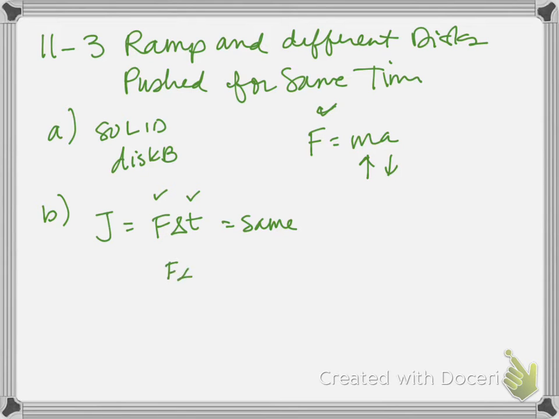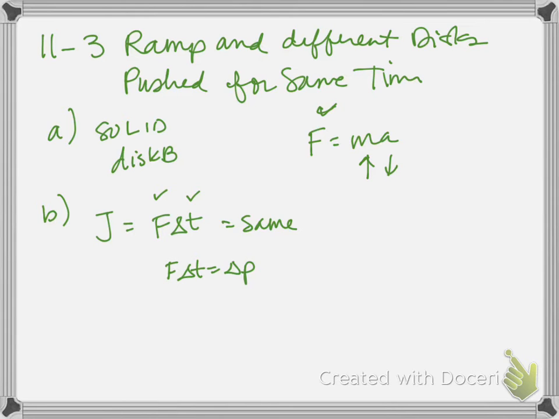Then we have to remember that impulse is equal to a change in momentum, and both started with 0. So at the end of this delta t, they will have the same final momentum. Okay, so I wrote they both experience the same impulse, F delta t, because they talk about this in terms of the impulse.